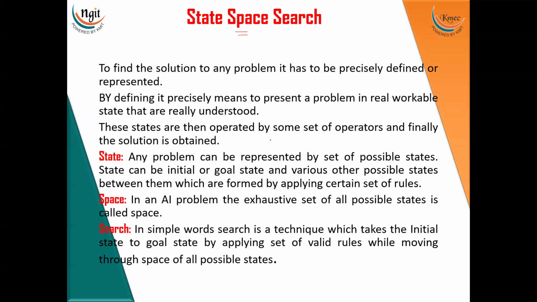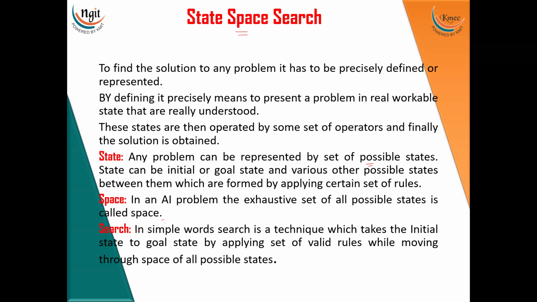Any problem can be represented by a set of possible states, and that state can be the initial or goal state and various other possible states between them which are formed by applying certain rules. And space: in any AI problem, the exhaustive set of all possible states is called space.